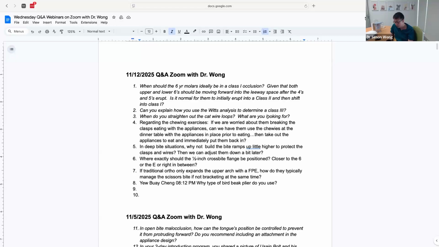If there's no concern with interferences in the crossbite, then they'll just cement like a Hyrax on the molars themselves with no bite opening, or if there is a concern that they'll have trouble managing the functional shifting, then they'll usually have acrylic coverage on the molars and the bite will be open.